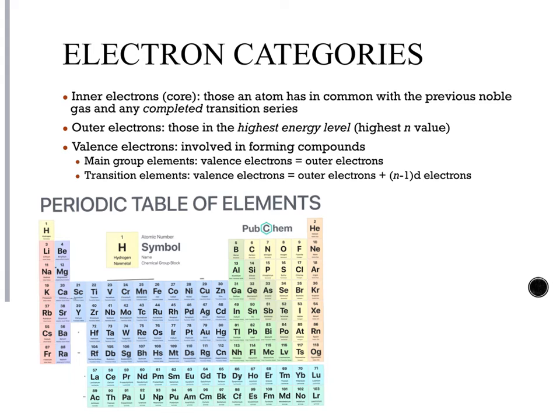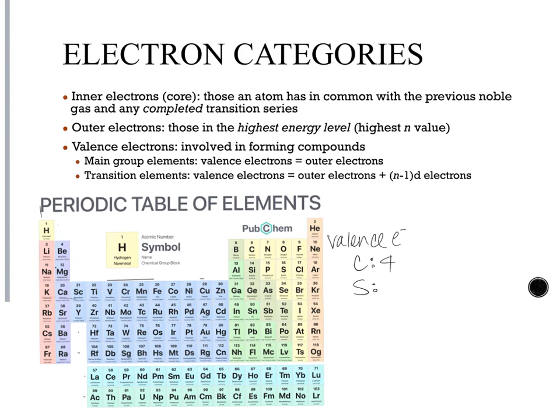For example, if I wanted to know the valence electrons for carbon, I would just look at its group number. This is group 1, this is group 2, this is group 3, and this is group 4. So carbon has 4. Could do the same thing for sulfur.